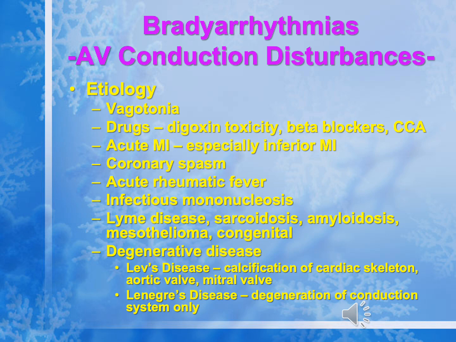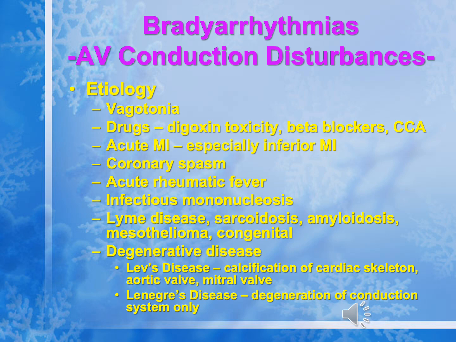Acute rheumatic fever, inflammatory diseases of the AV node, is also a cause of AV conduction abnormalities. Infectious mononucleosis, Lyme disease, sarcoidosis, amyloidosis, mesothelioma, and congenital etiologies can also be causes.